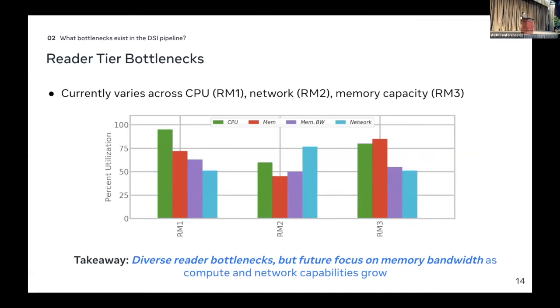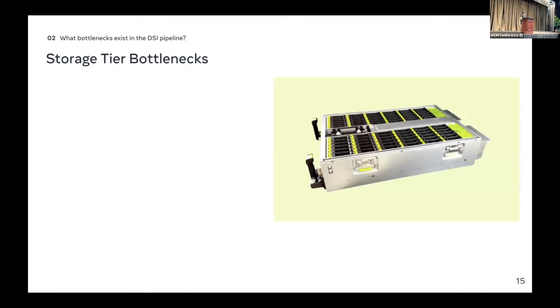But on top of that, as we're looking forward into the future of what our general purpose compute nodes are going to look like, we see that compute and network capabilities are outpacing memory bandwidth. So on top of that, we think that memory bandwidth will become a dominating factor here. And just to give some ideas of what we need to address, or what the community needs to address for the future.